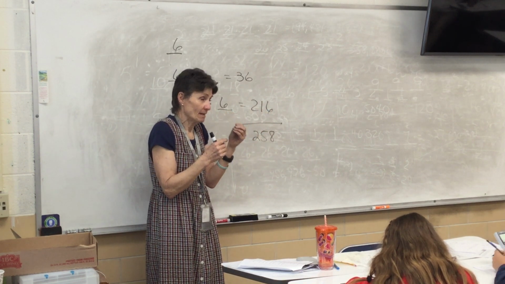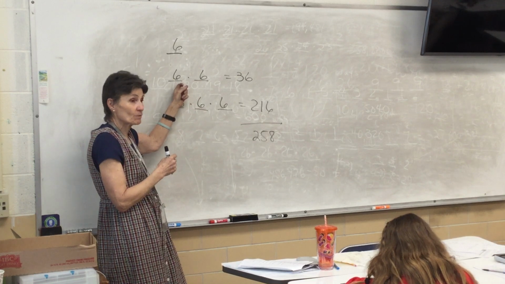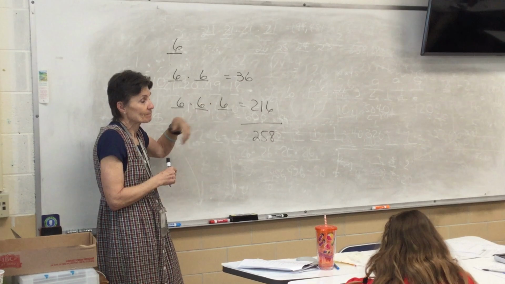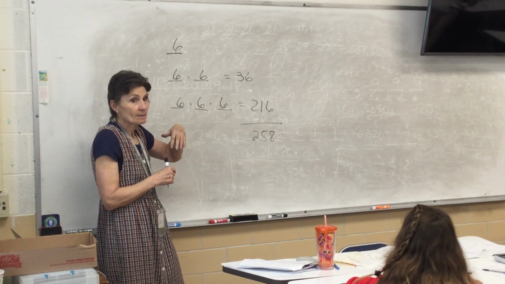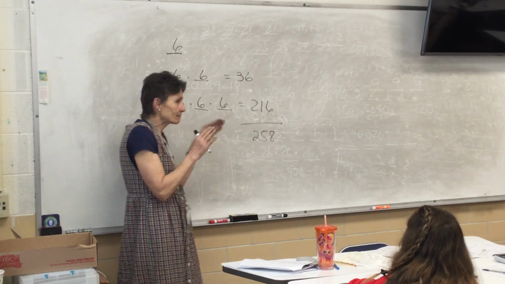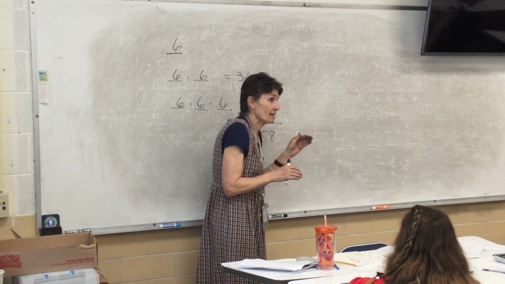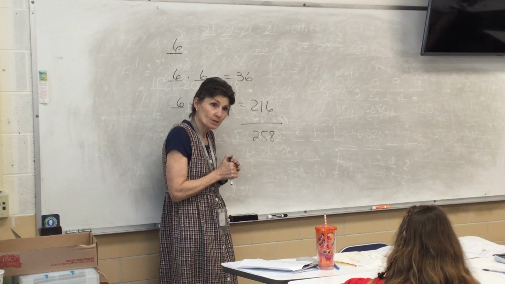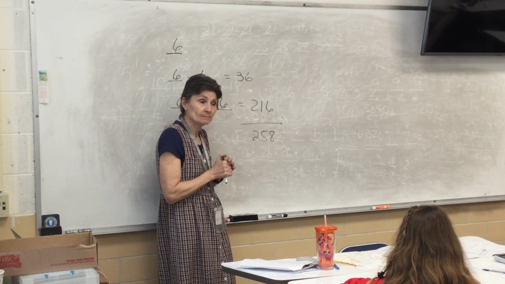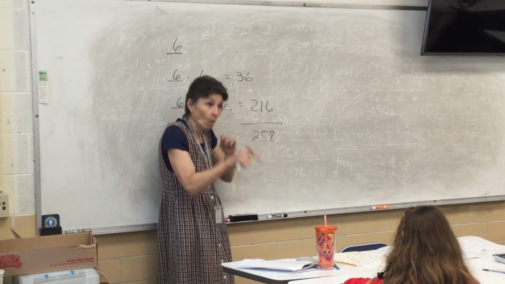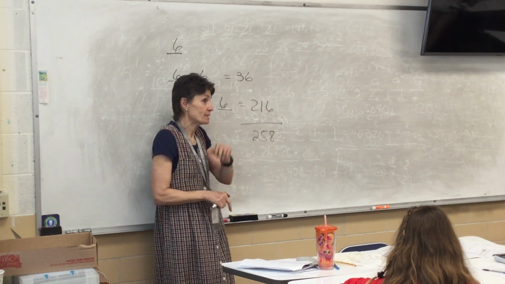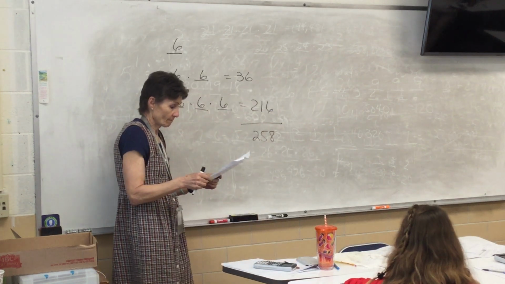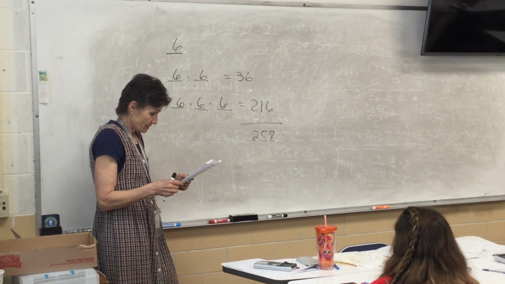When it's an and, when I'm picking a number for this spot and a number for this spot, it's multiplying. So if the word connecting the 2 numbers is an and, you're going to multiply them. If the word connecting them is an or, you are going to add. 1-digit or 2-digit or 3-digit.